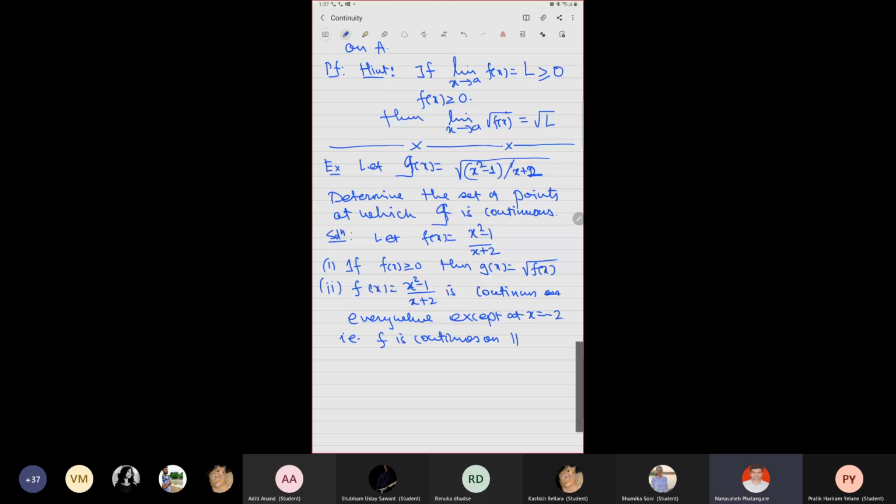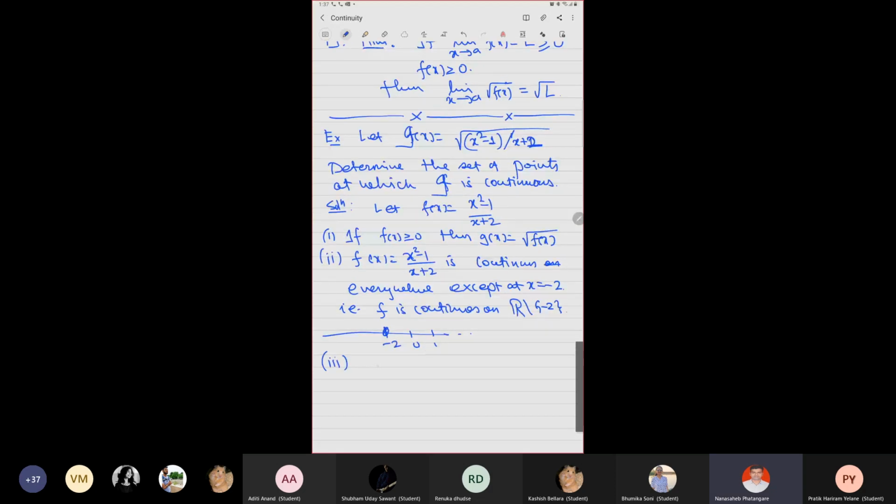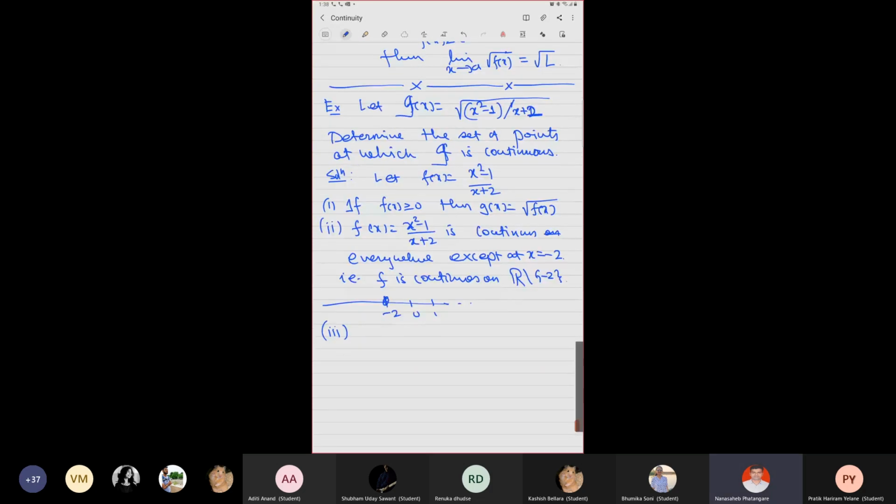Except this point, this function is continuous everywhere. Now, what is the second criterion? When g(x) is well defined, that is, when the square root of f exists.